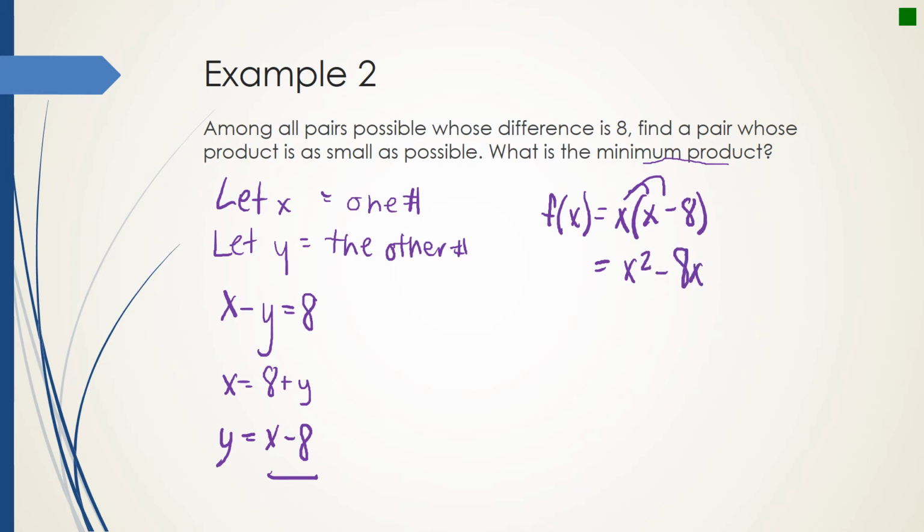And what we're looking for is the minimum. This one opens up. We want the smallest one, so we want that vertex. So we're going to do negative b over 2a. So that's negative negative 8 over 2 times 1, so that equals 4. And so one number is 4.